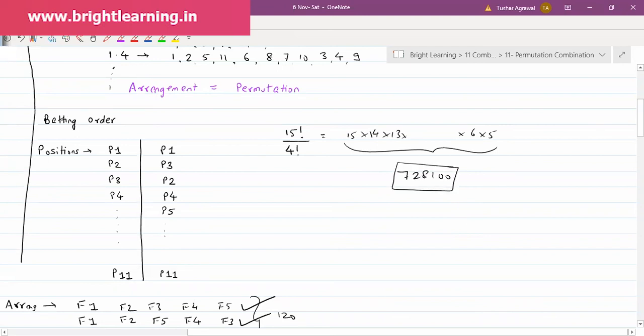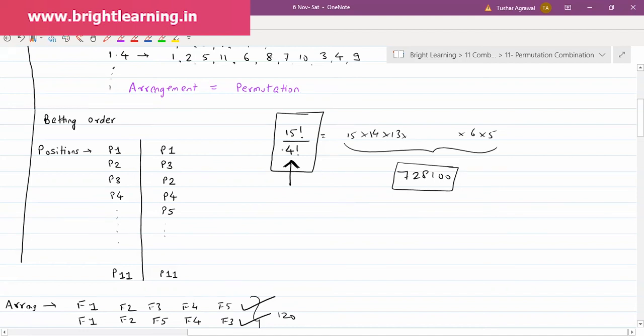It is not expected from you to actually multiply this out. The options will be given in this format: 15 factorial upon 4 factorial. Whatever that number is, leave it to the computers to calculate. We do not want it. We are testing the human logic here.